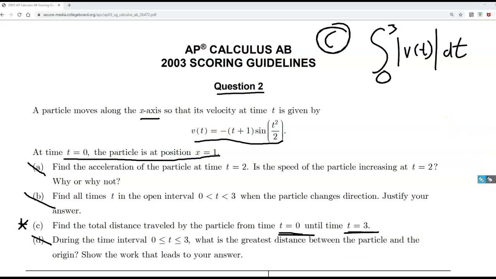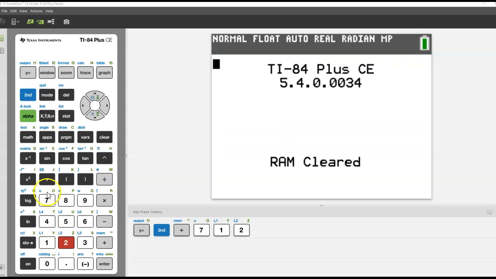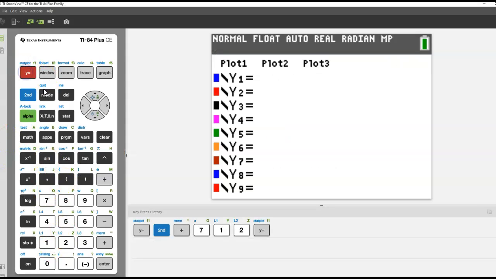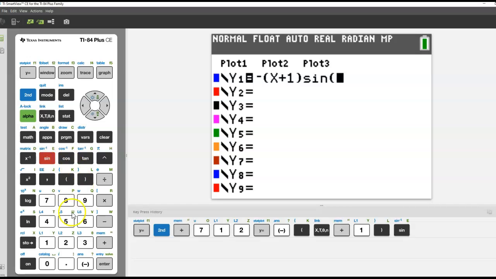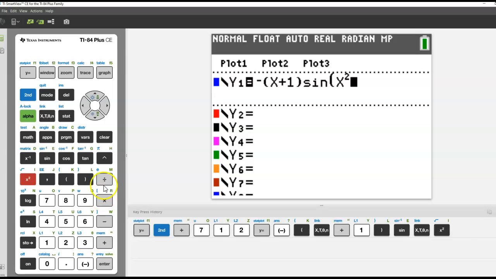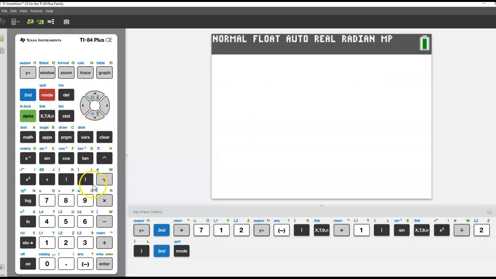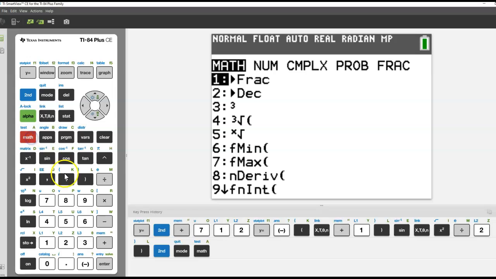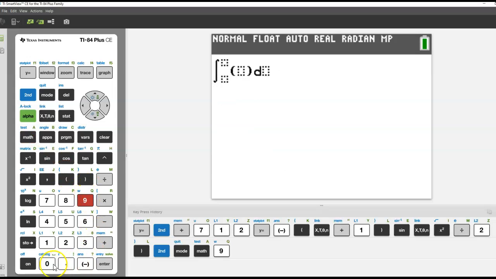So I'm going to go ahead and get out my calculator here real quick. The first thing we're going to do is go to y equals, and type in our function, negative t plus 1, and then sine of t squared divided by 2, I believe it was. All right, then we're going to go back to the home screen, and we're just going to push math 9. We're going to put in our limits there.